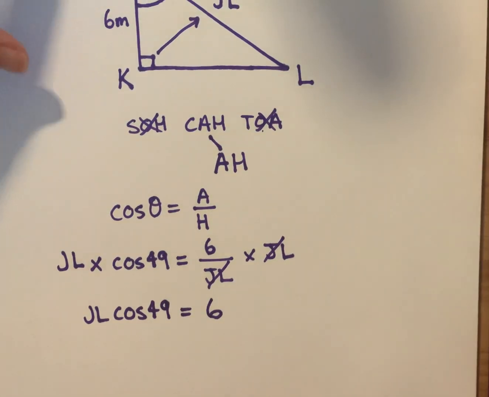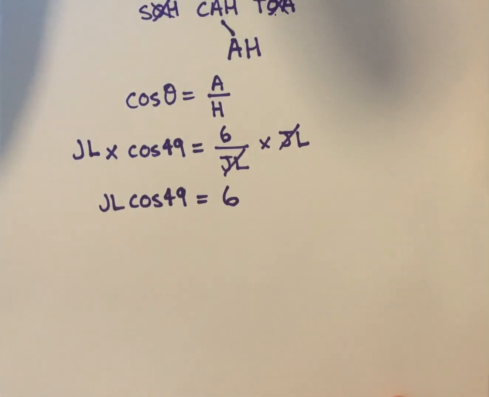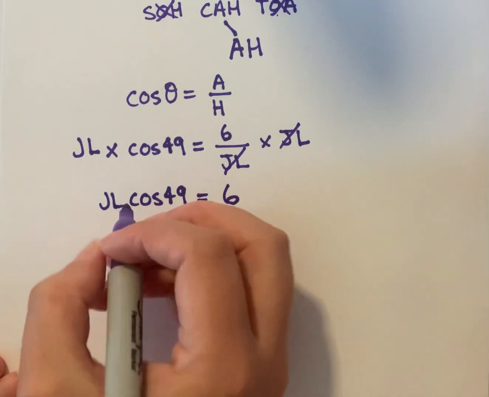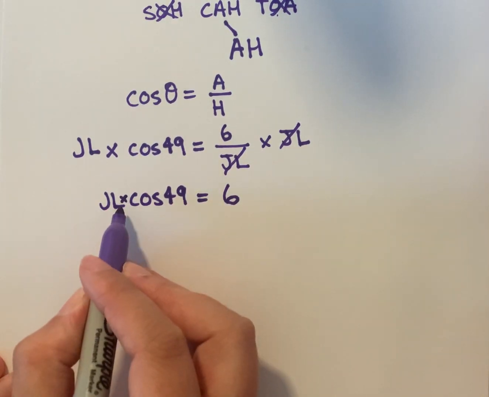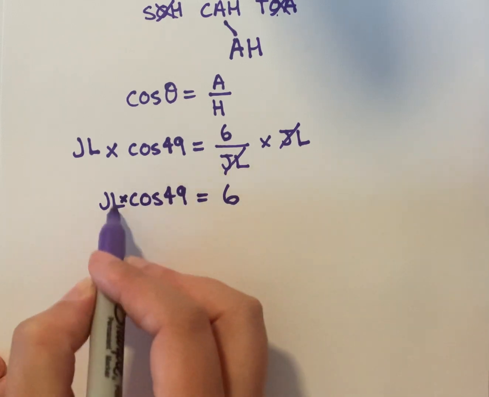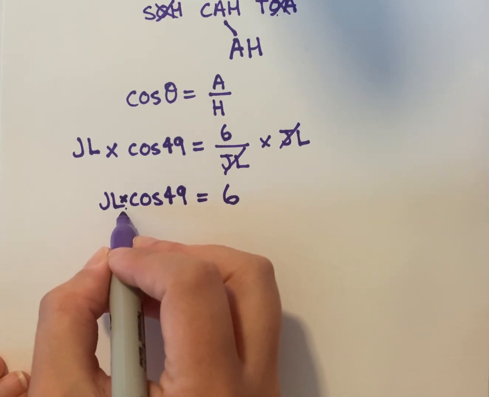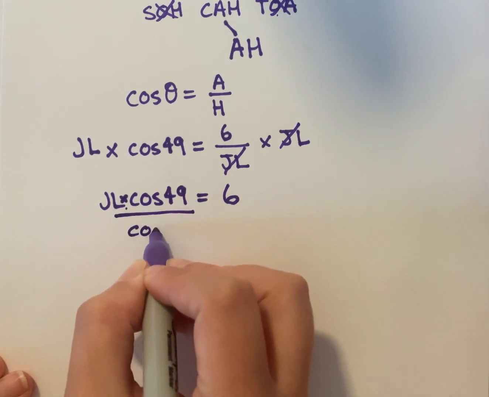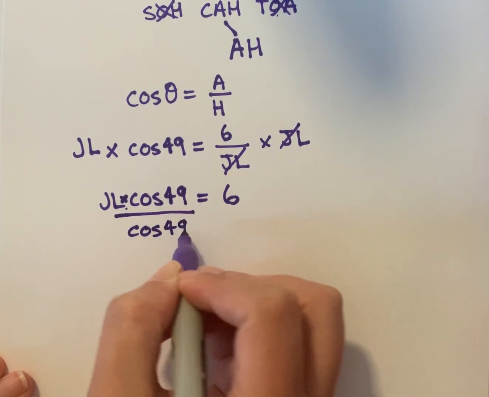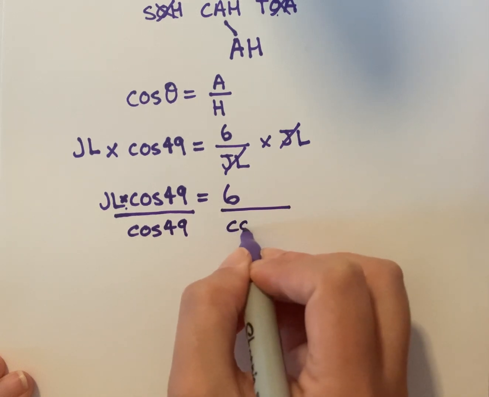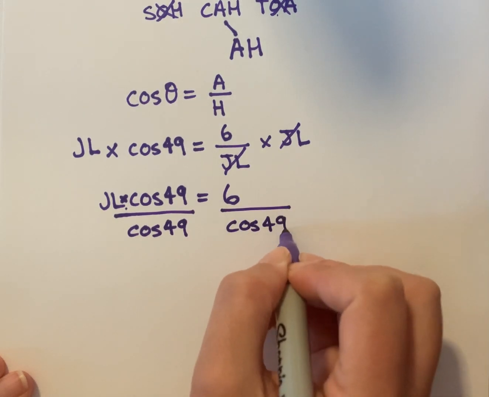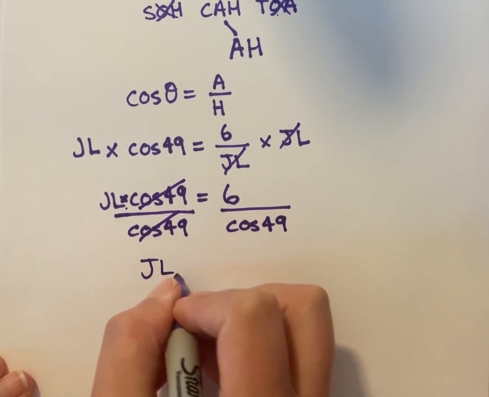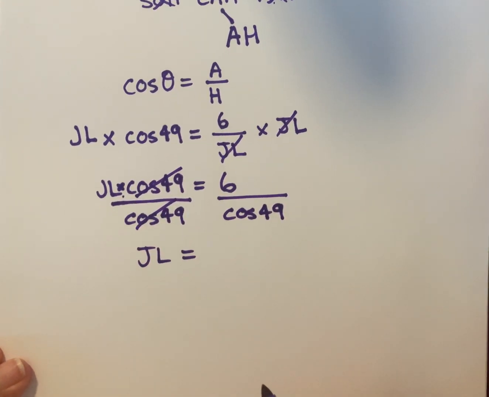So we're nearly there now. We still haven't quite isolated JL, but we're close, because this operation here is just like multiplication. If we want to get rid of this cos 49, we need to perform the inverse of multiplication, which is division. We do that to both sides to keep our equation balanced. These cancel out, and we're finally left with just JL on the left-hand side, which is what we wanted.